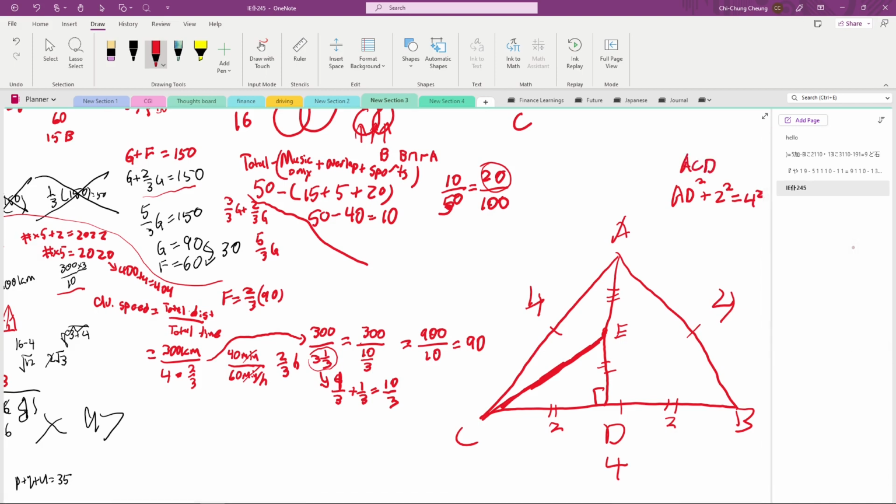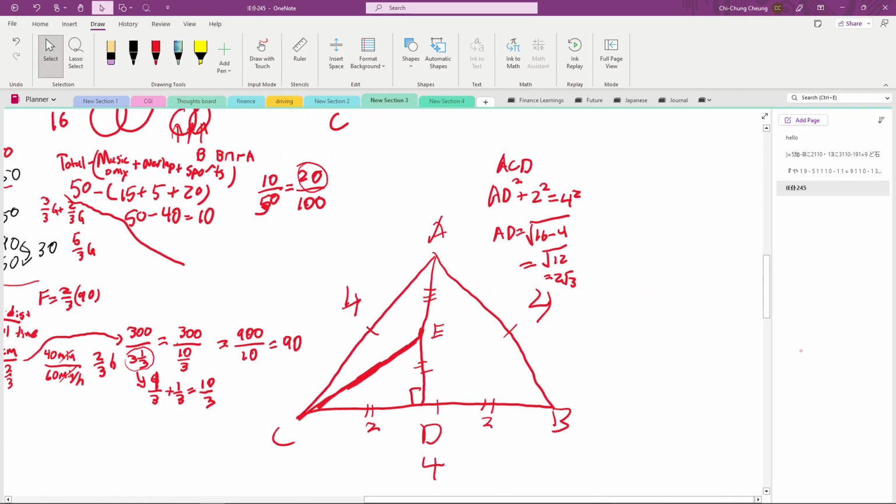So AD equals the square root, positive, of 16 minus 4, which is 12, which also equals 2 root 3, because this is equal to 2 squared times 3.